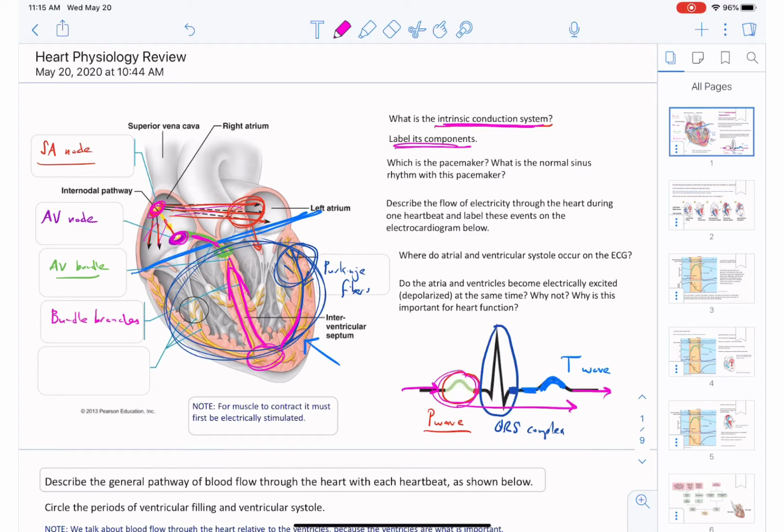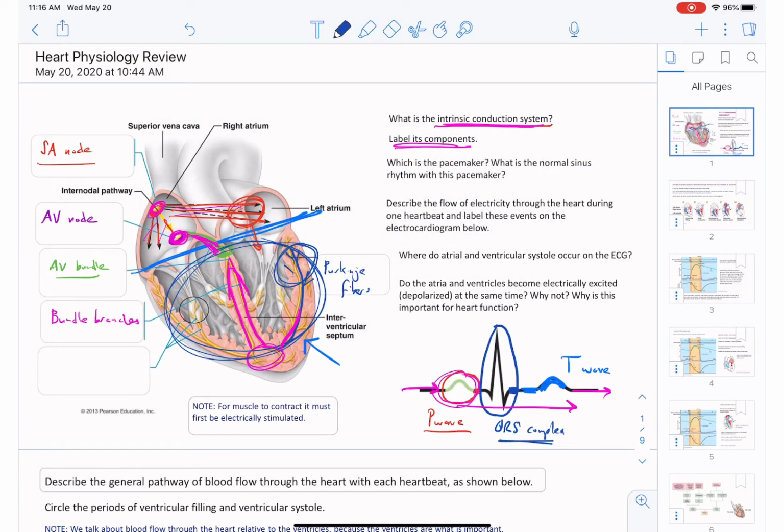Then that electrical activity gets transferred to the ventricles by stimulating the AV node, going through the AV bundle, through that cardiac skeleton. Then it goes in the bundle branches through the Purkinje fibers. And when the Purkinje fibers become stimulated, that results in ventricular depolarization, and that results in the QRS complex.